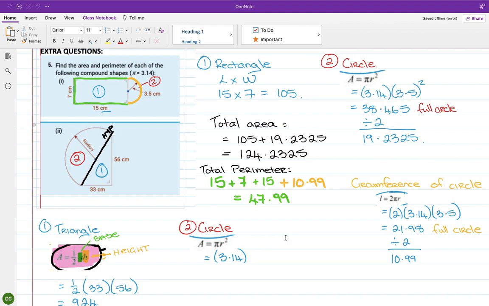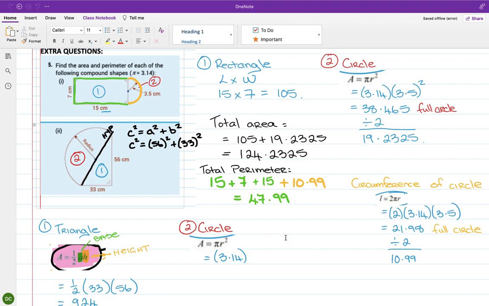So I don't know if you remember, but Pythagoras' theorem is c squared equals a squared plus b squared. C is the hypotenuse, so we don't know that. A is one of the sides, so 56, and B is the other one, so 33.